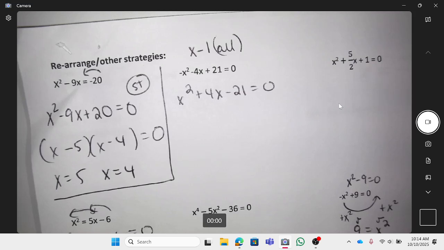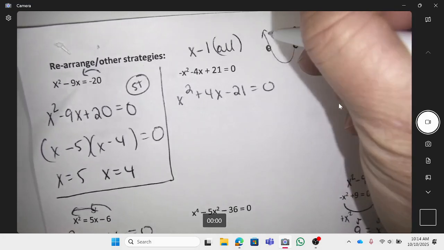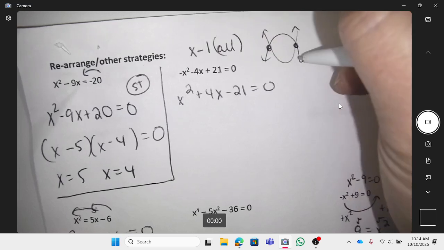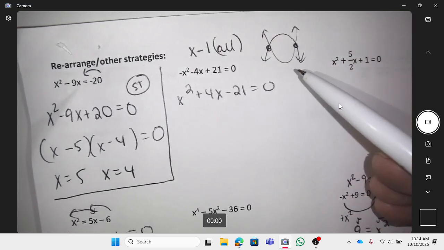Okay, it does not change your x-intercepts. All you've changed is the parabola going from down to up. That's all you've changed, but it's not going to change where they're crossing. So by timesing it by -1, this is all you've done. You've just changed the direction of the parabola, but guess what?